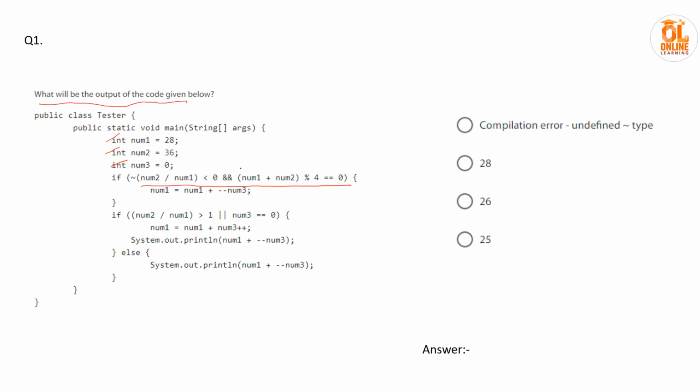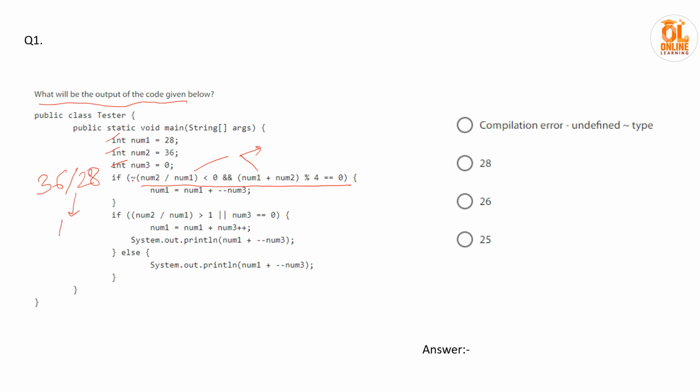We have to perform that first, and brackets have the highest precedence. So we will perform the operations under the bracket. Here it is given num2 divided by num1, so 36 by 28 will give you 1.